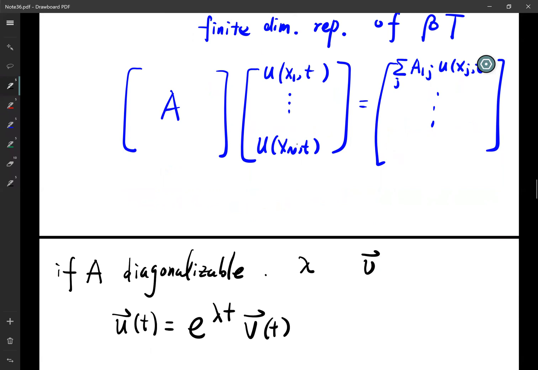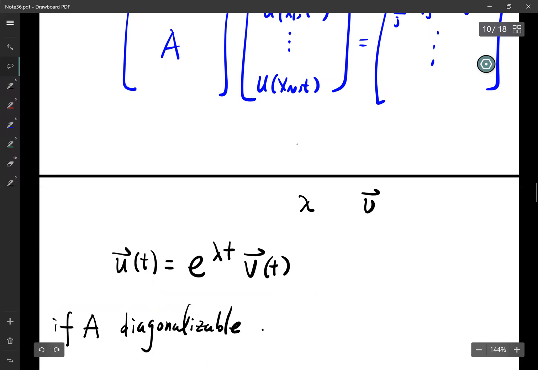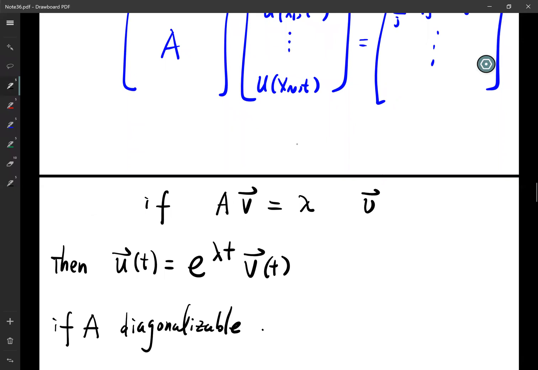And sorry, so I should say that: if A has an eigenvector, A v equals lambda v, then u(t) equals exponential lambda t times v is a solution.